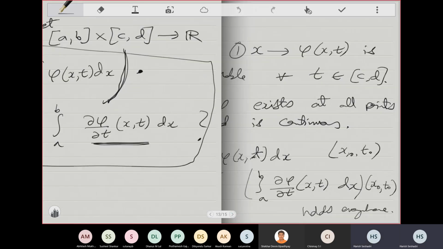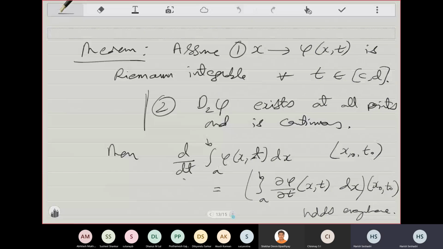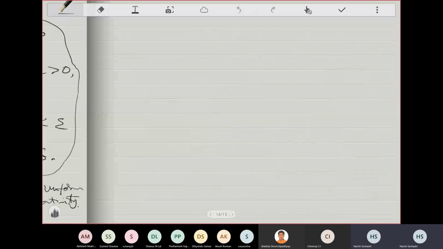But again, the proof involves the mean value theorem, as you can expect, the mean value theorem for one variable.